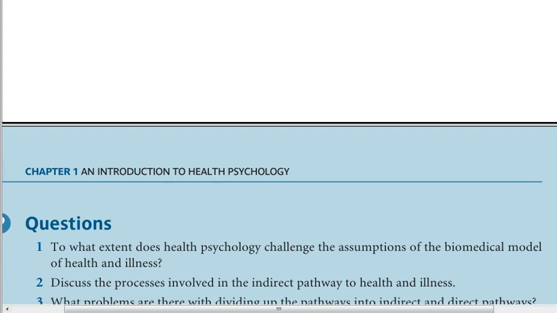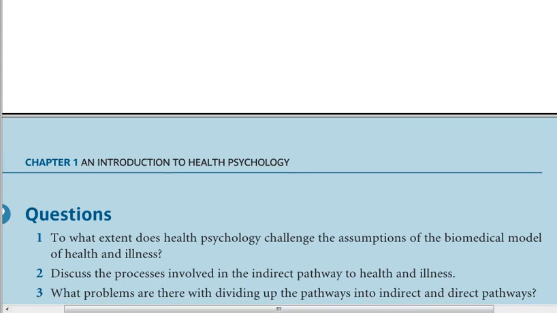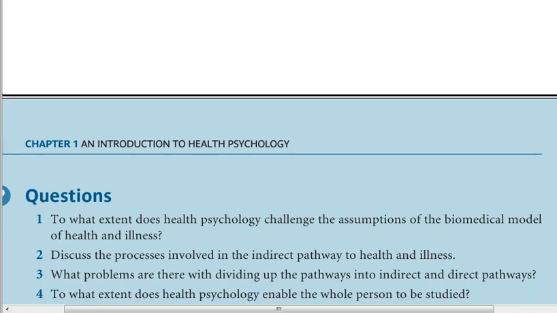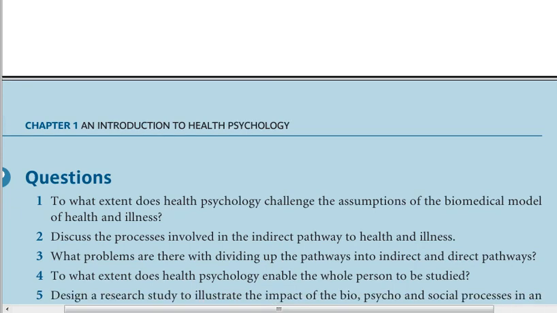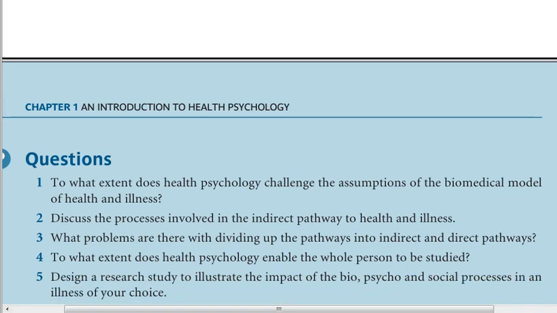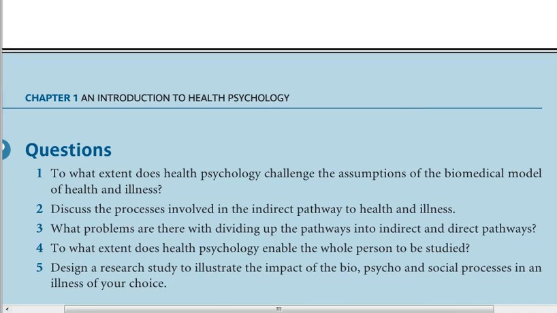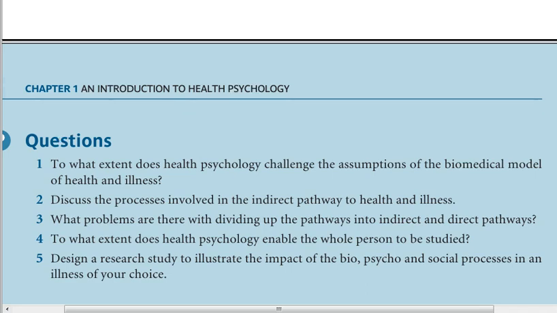Questions. The first: to what extent does health psychology challenge the assumptions of the biomedical model of health and illness? The second question: discuss the processes involved in the indirect pathway to health and illness.